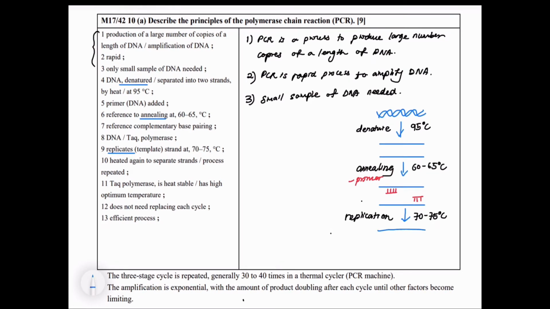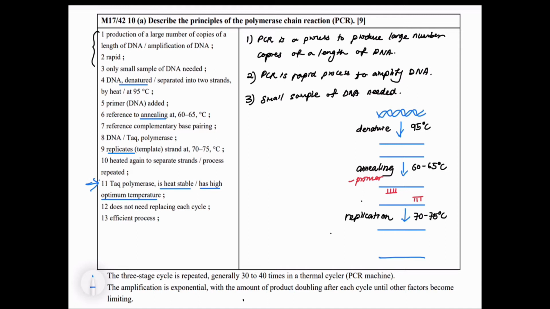This replication process uses a very special enzyme known as Taq polymerase. As you can see in the essay point, they mention that this Taq polymerase is very special as it is heat stable. Therefore, it does not denature easily, and it has a high optimum temperature. Therefore, the process will be very efficient as it's constantly running at a very high temperature.